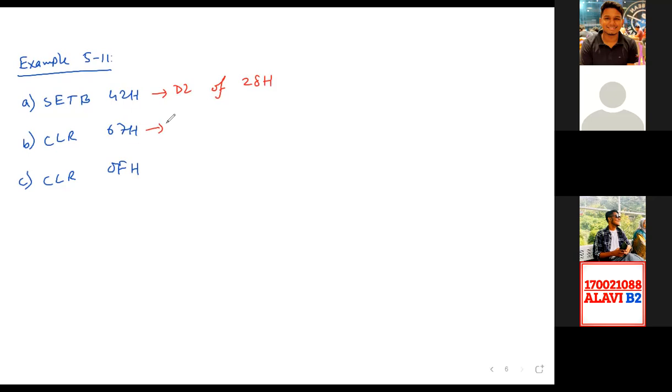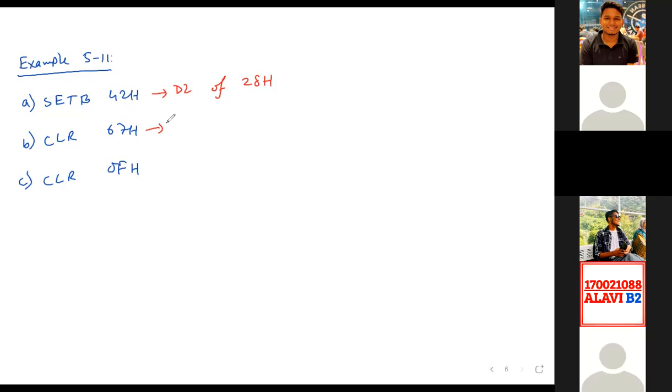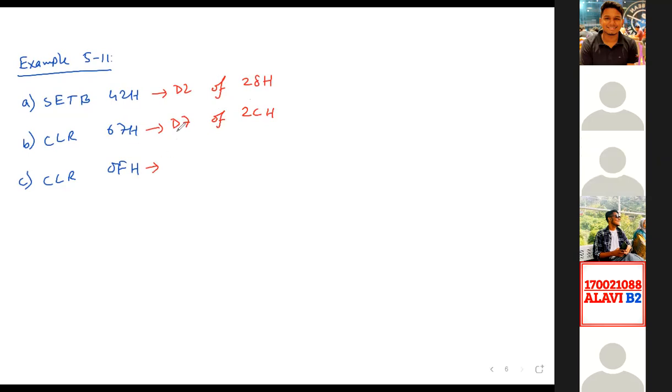Just look at the table, figure 5.1. Sir, D7 of... Exactly. D7 of which address? 2CH. Exactly. And the last one? D7 of 21H. Exactly. So these are actually very simple and very easy.